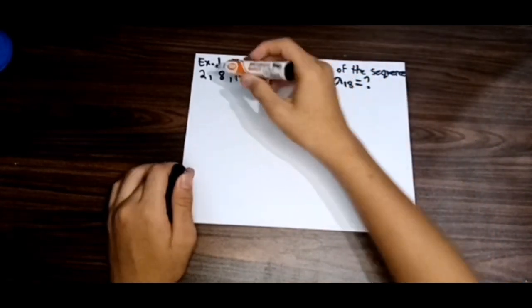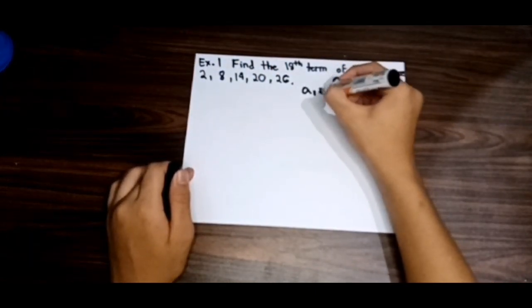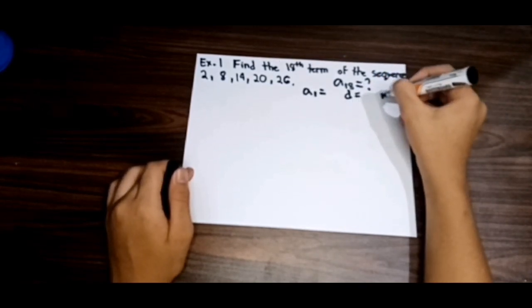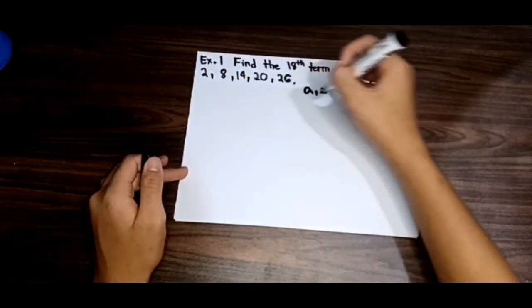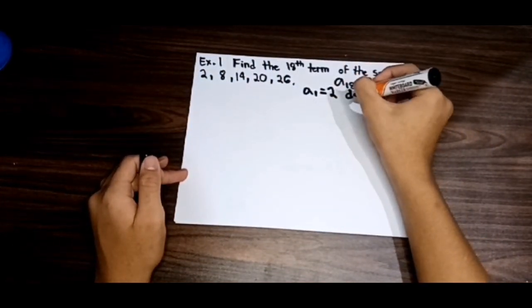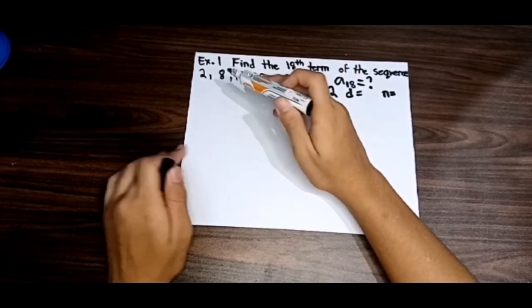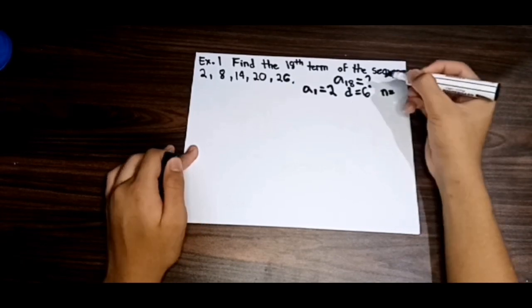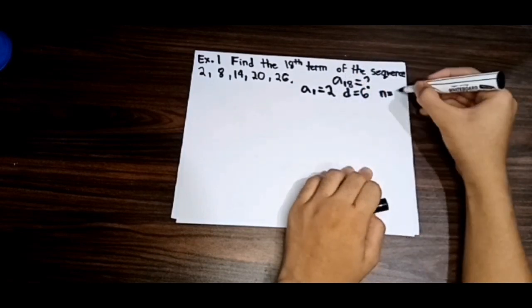To solve the problem, let's identify also a sub 1, the common difference, and the number of terms. So a sub 1 is 2, and the common difference, 8 minus 2, is equivalent to 6. And the number of terms is 18.